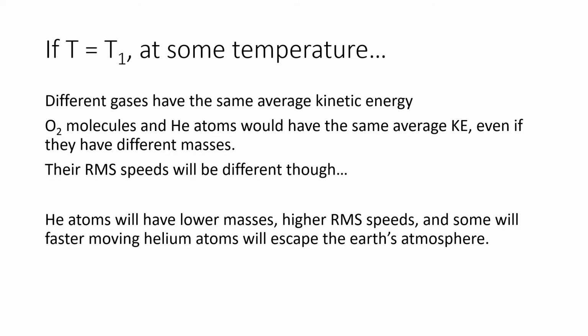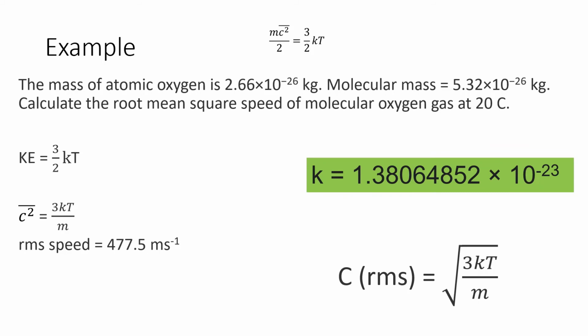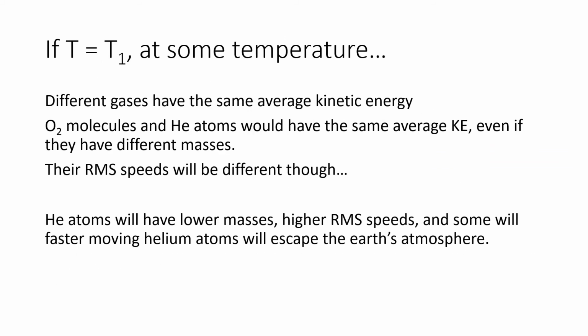Even if you have different gases, for example a gas of oxygen and a gas of helium, both at the same temperature, they both have the same average kinetic energy, even if they have different masses. However, they will have different root mean square speeds because of this equation, the square root of 3kT over m. So their root mean square speeds will be different.